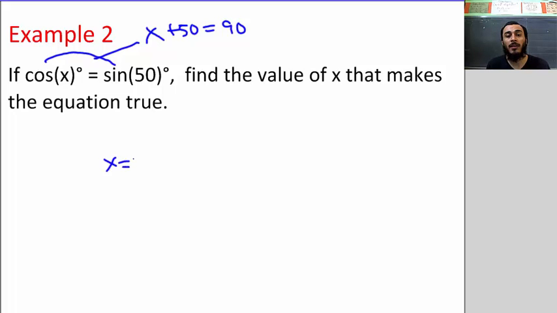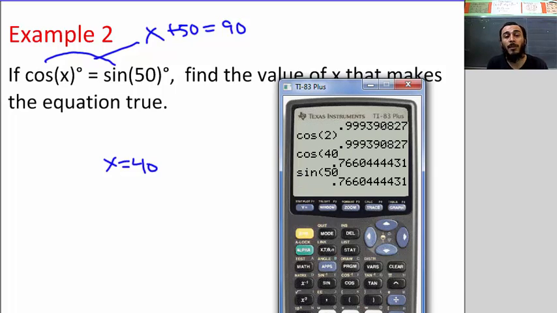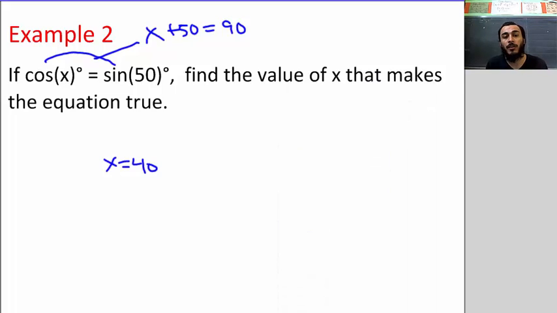So that means x is 40. And you can check this for yourself. You can take out the calculator, type in the cosine of 40, and type in the sine of 50, and you'll see that they're both the same, right? And they're supposed to be, because there's an equal sign there right in the middle.